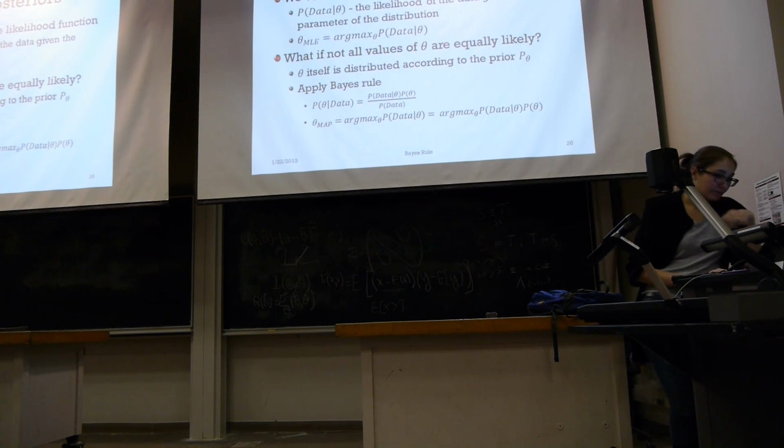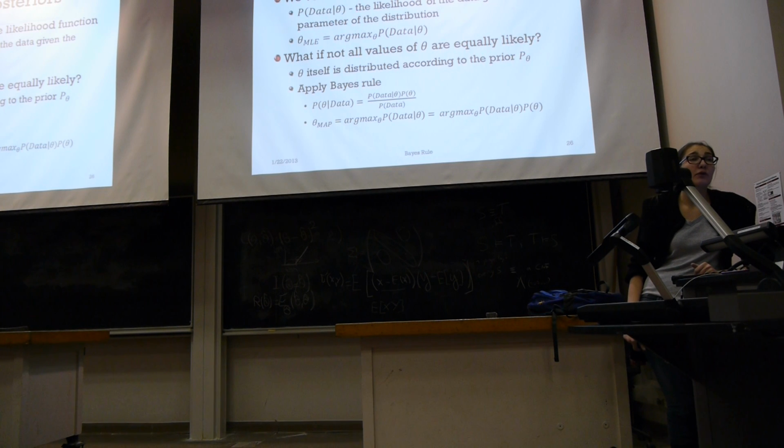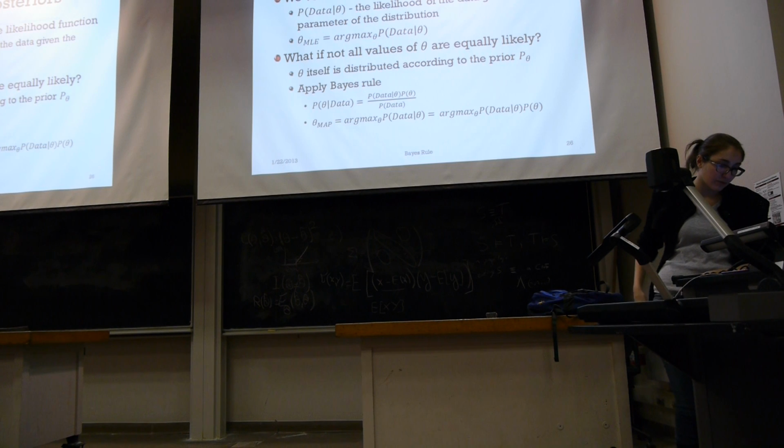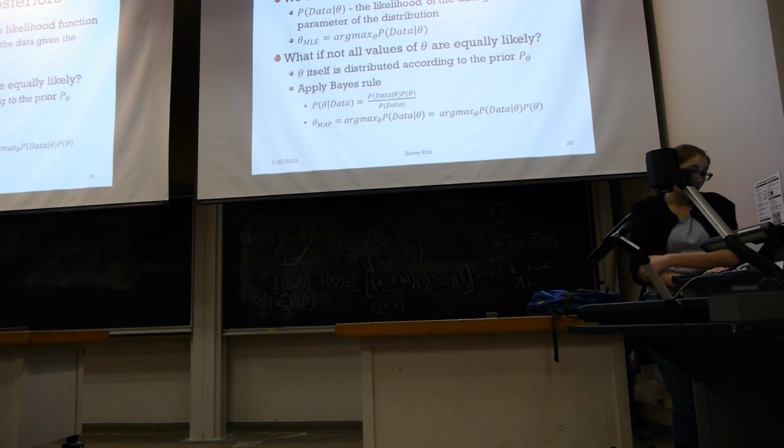And because p of data doesn't really depend on our parameter, instead of maximizing the entire fraction, we can just maximize the top part. So it'll be the product of the likelihood and the prior. By maximizing that, we'll get the maximum a posteriori estimator.